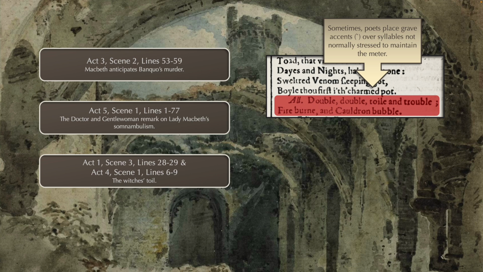So it's pronounced charmed pot, and that helps maintain the trochaic measure. Poets sometimes do this by themselves without the help of an editor, putting that accent over ed, especially to make sure that it gets pronounced as a separate syllable to maintain the meter. So you can see that in your edition of Macbeth.